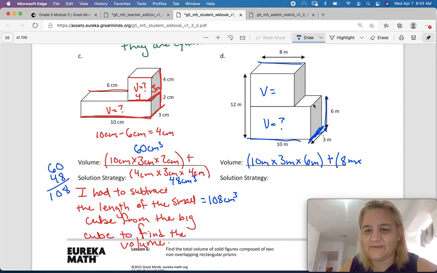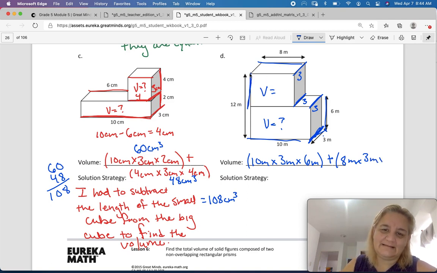And the width is the same as this one right there. So if that's 3, that means this is 3. That means this is 3. And that means that this is 3 because they are all parallel lines. So 8 meters times 3 meters. And then here, the height, I don't know the height because this whole thing is 12.